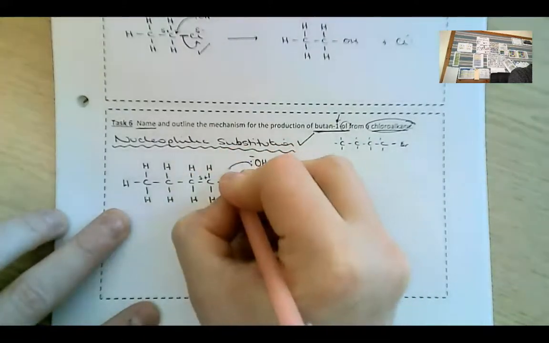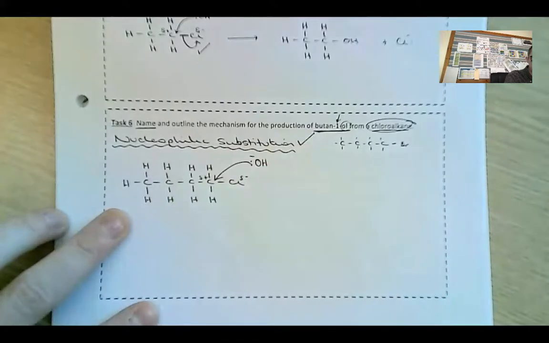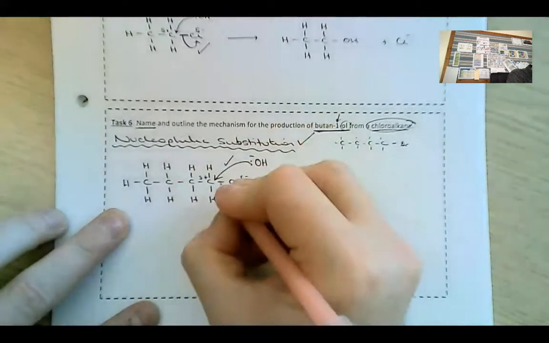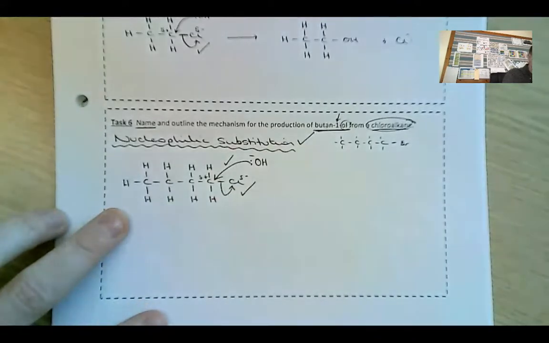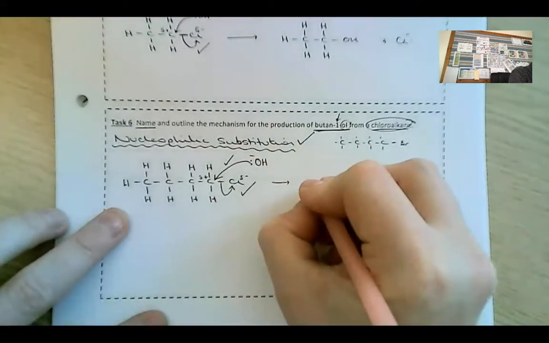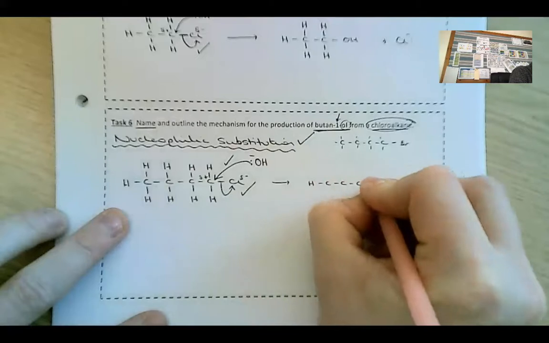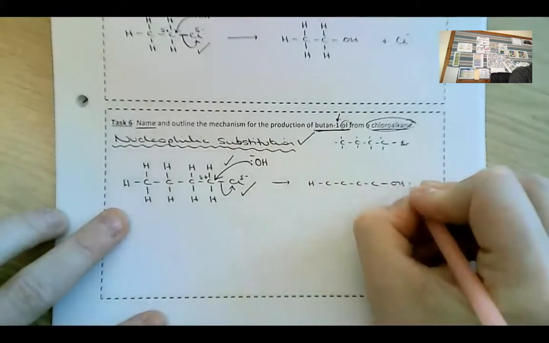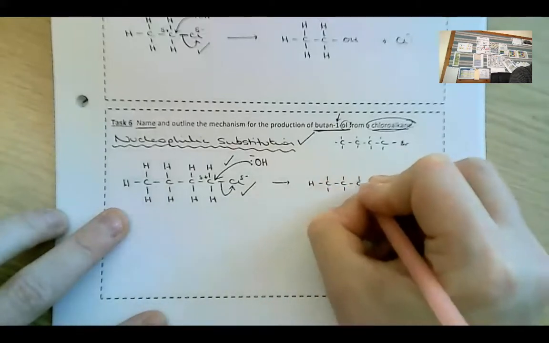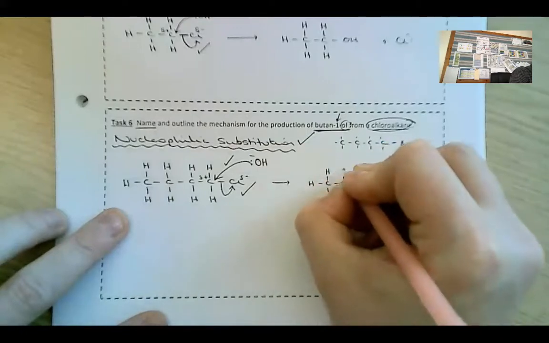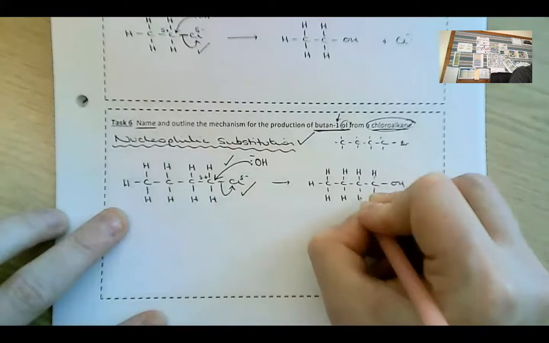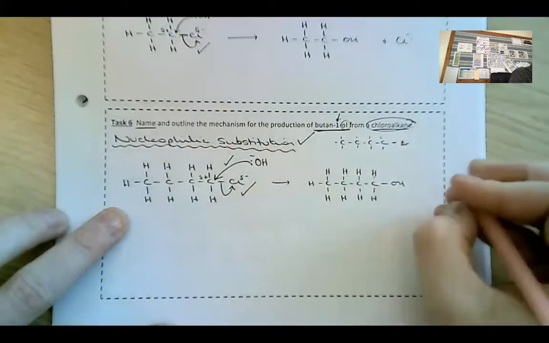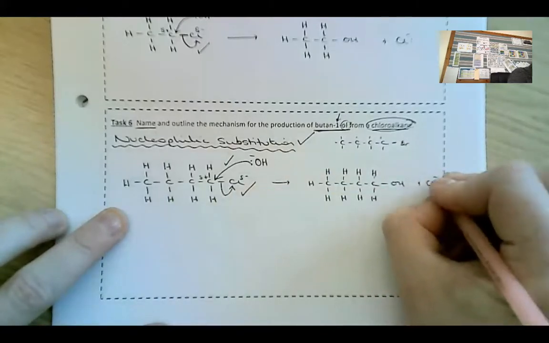So a mark for attacking the slightly plus carbon, a mark for breaking the carbon-chlorine bond. And that would result in 1, 2, 3, 4 carbons with the OH attached. And the chlorine that's been kicked off floats around at the end there.